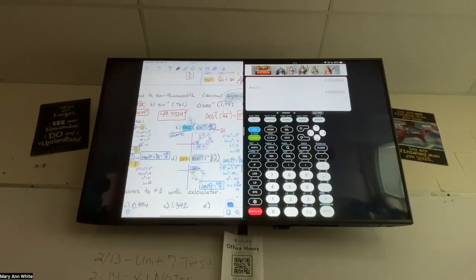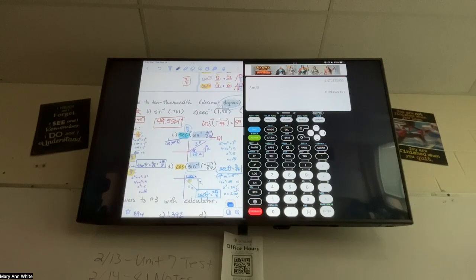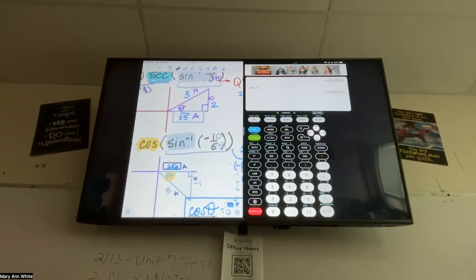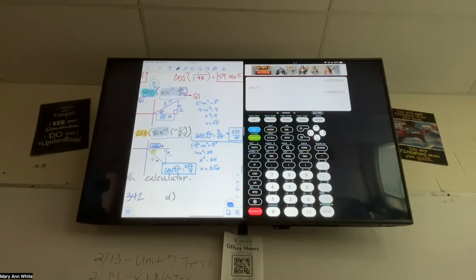And then the very last one, I think you can just plug that all in on your own. So try that one. Cosine parentheses, second sine parentheses, -1 over 5 parentheses, parentheses. And see if that is the same thing as 2 root 6 over 5.